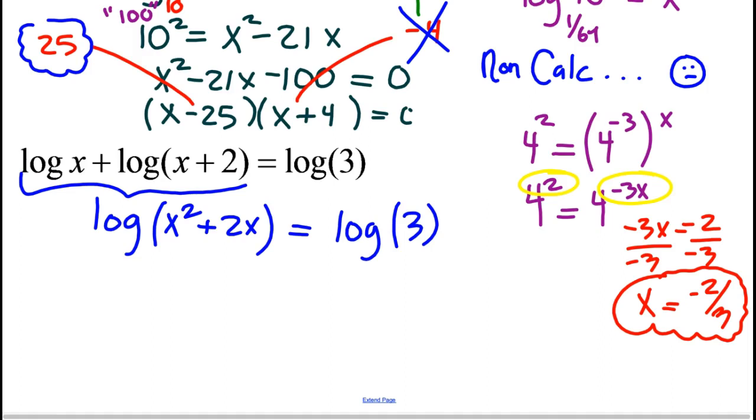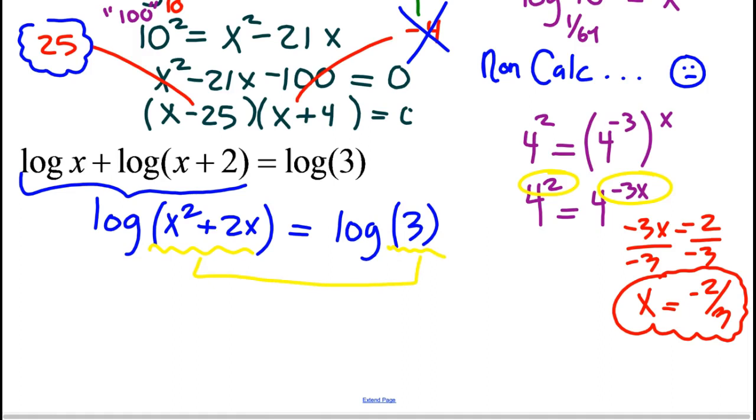But you could use this sort of strategy that we used right over here with like 4 to some power is equal to 4 to some other power, set the powers equal. This is like the log of some stuff is equal to the same log with the same base of some different stuff. So this is going to be true when the stuffs are the same.